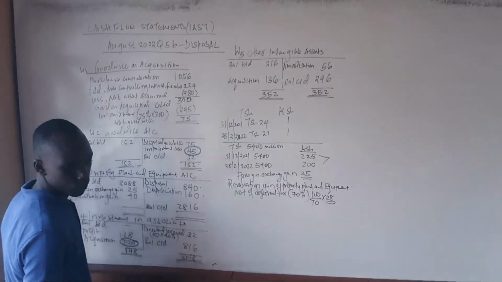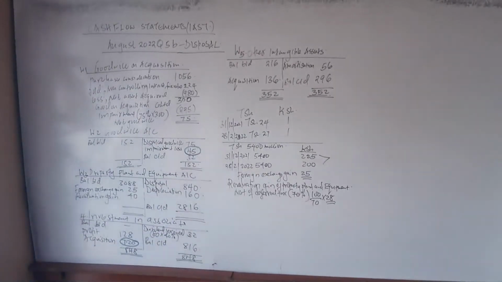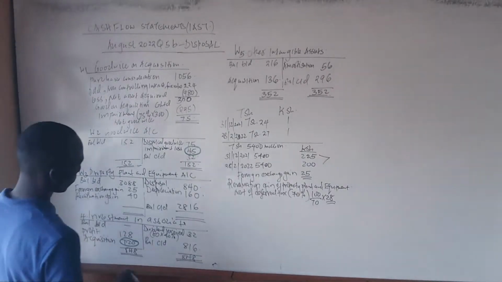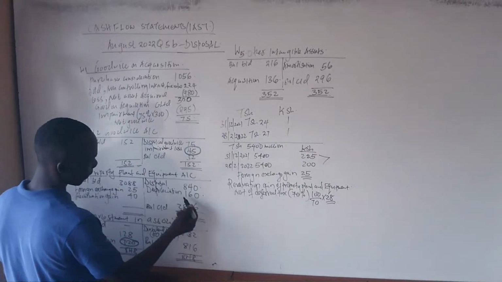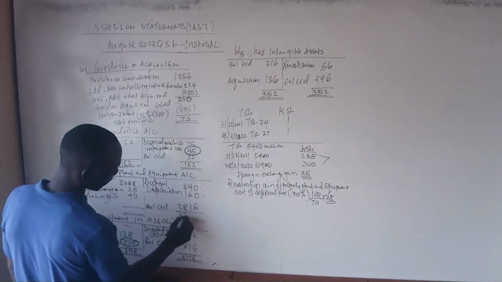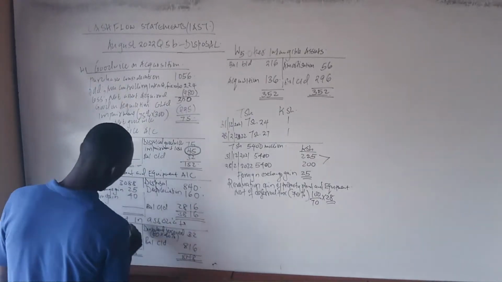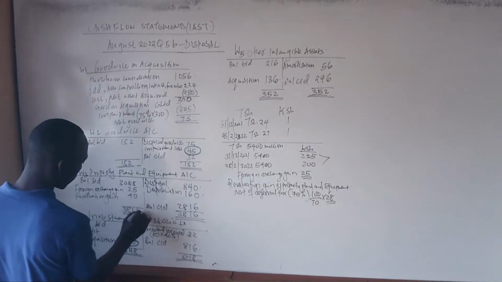When you add, 160 plus 28 plus 40, the total is 3,816.